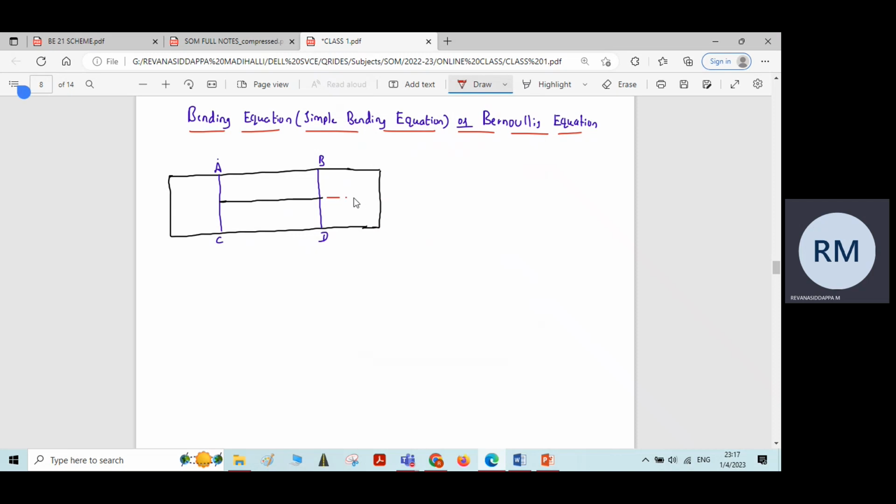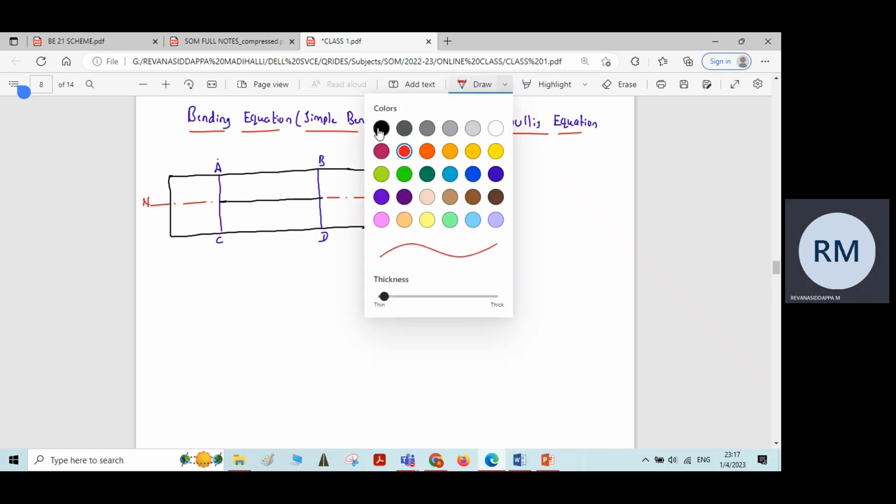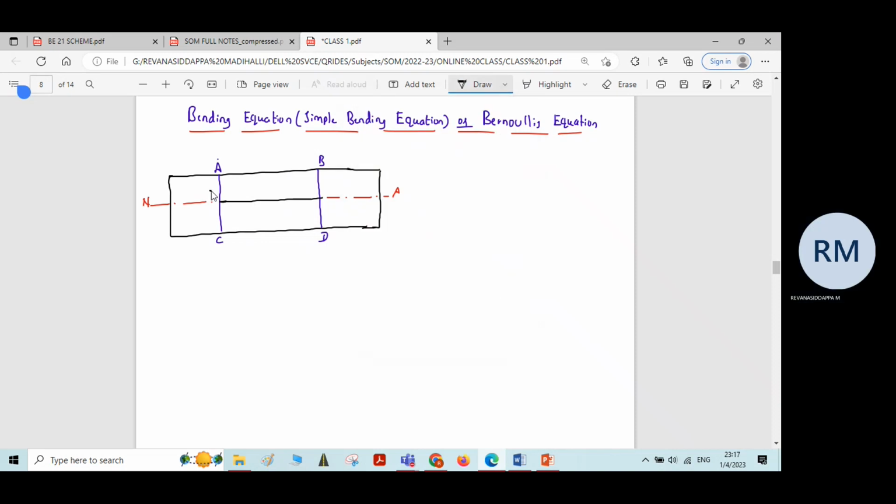This is the neutral axis. Along the neutral axis, I have considered a layer, say EF, in the beam.